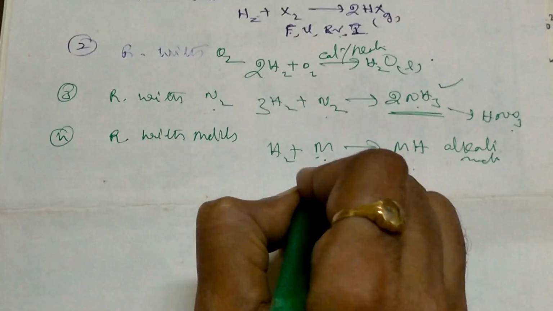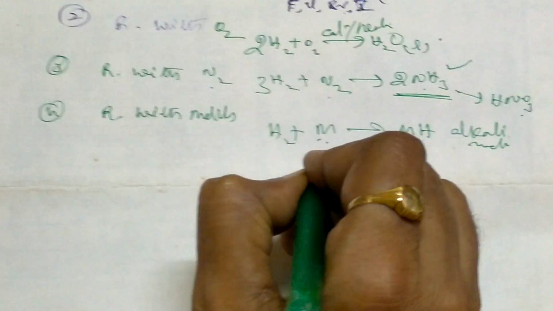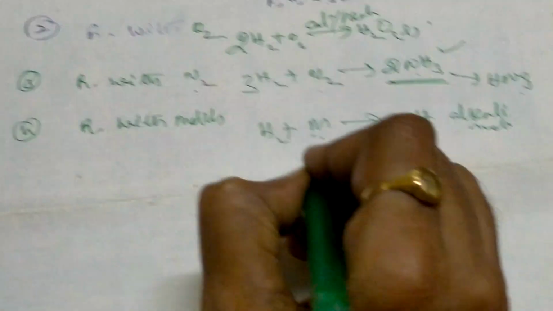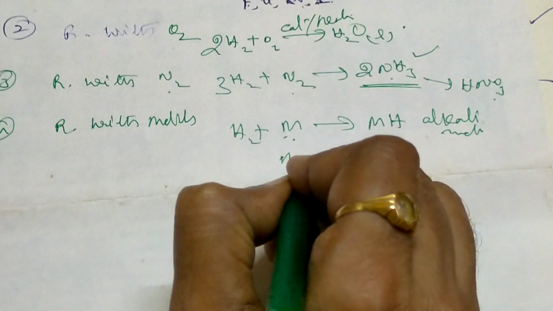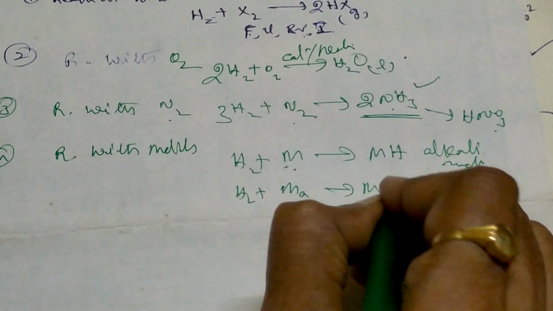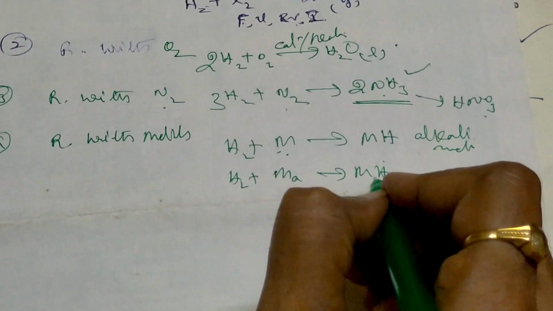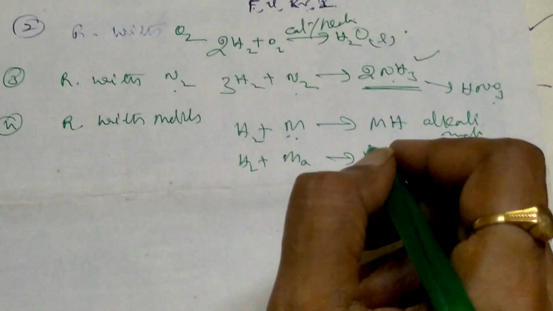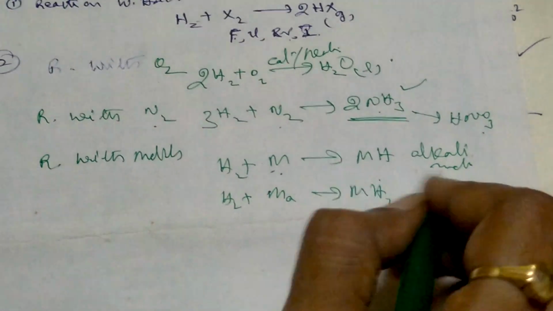If M is an alkaline earth metal, it gives MH2, a dihydride. So it forms MH2 with alkaline earth metals.